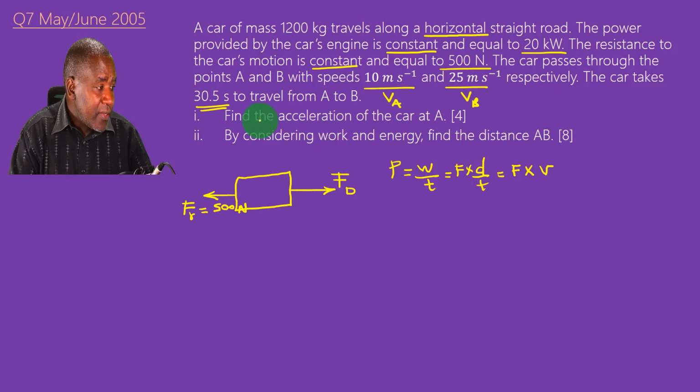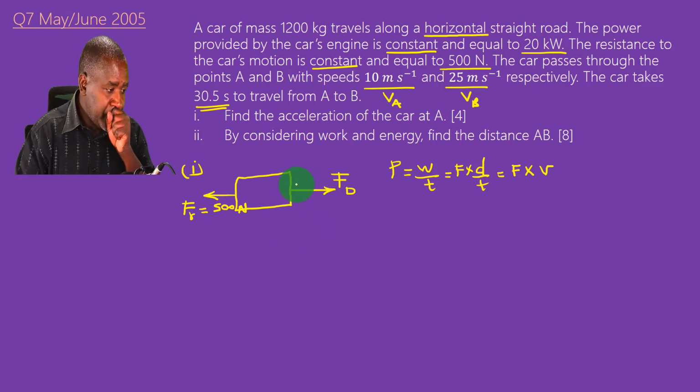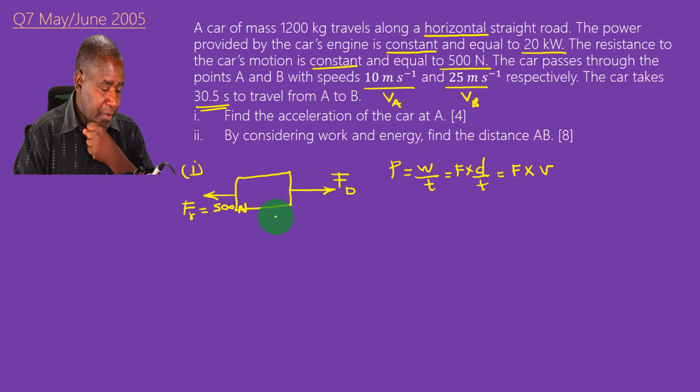And at point A, we want to calculate the acceleration of the car at point A. So, let's see. At point A, its speed is 10 meters per second.